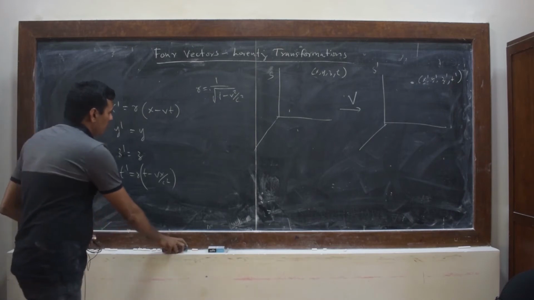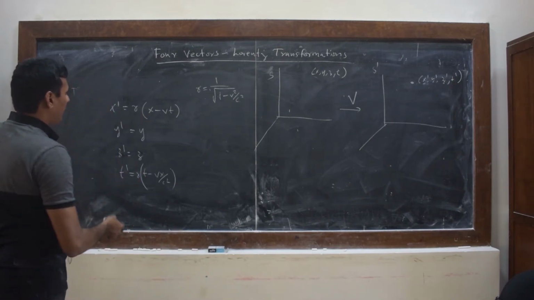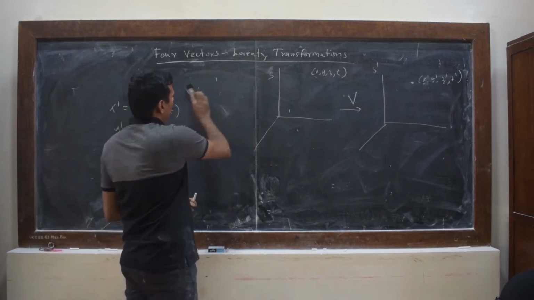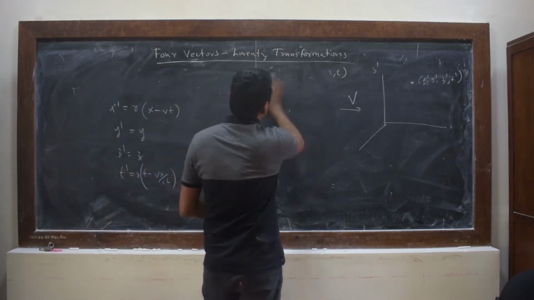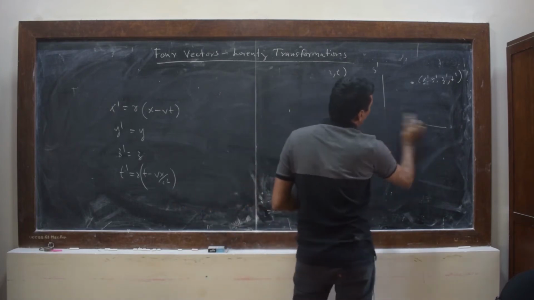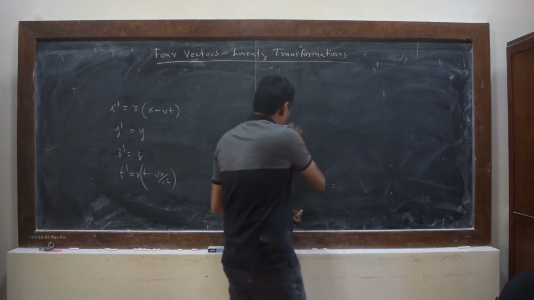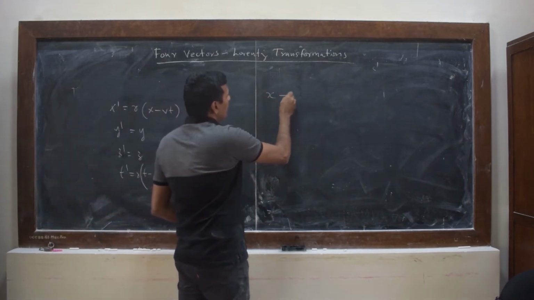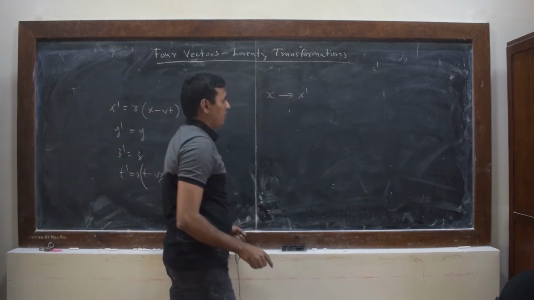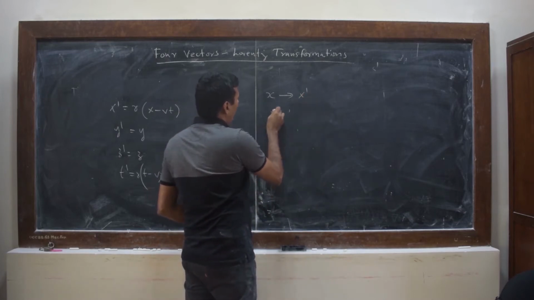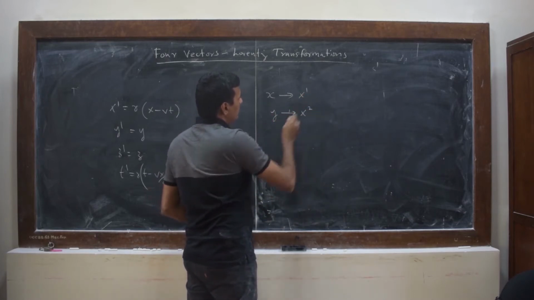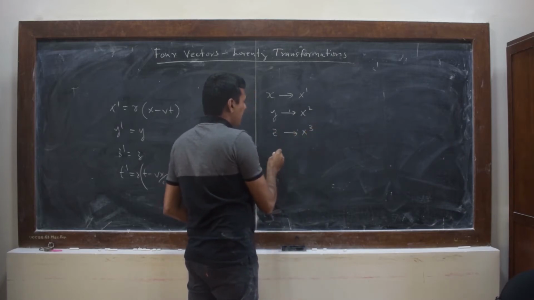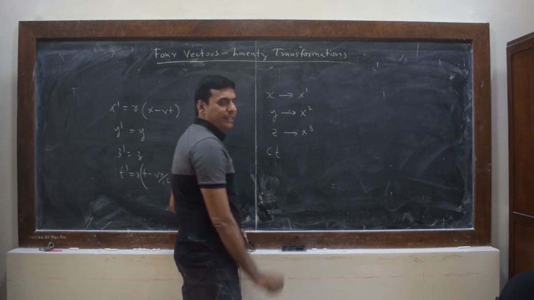Now I would like to write this in a more compact form, so I am going to erase this picture. Instead of x, I call it x1, y I call x2, z I call x3, and instead of t, I call ct as x0.